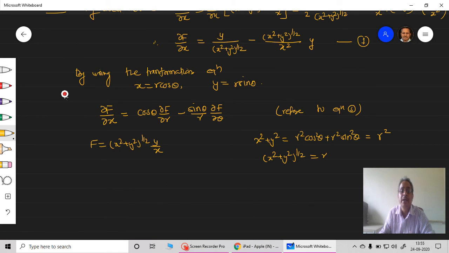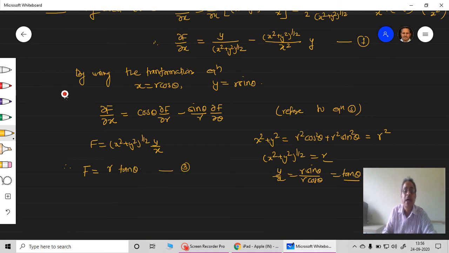Similarly y upon x is nothing but r times sin theta upon r times cos theta, so this can be written as simply tan theta. So this function capital F can be written, in terms of r and theta, as r into tan theta. You can call this equation 3.